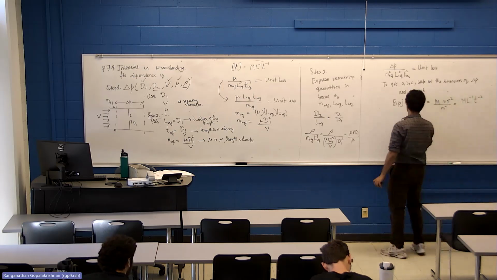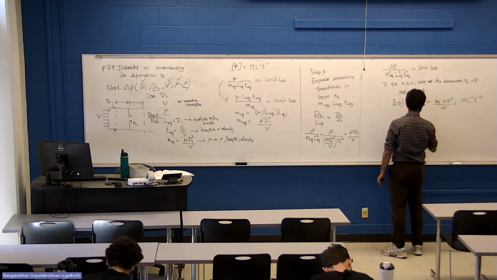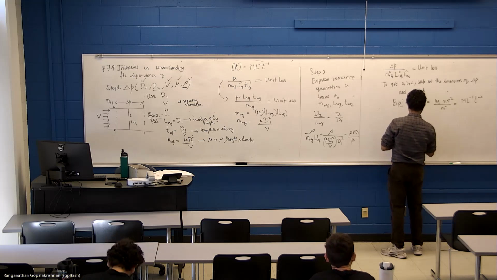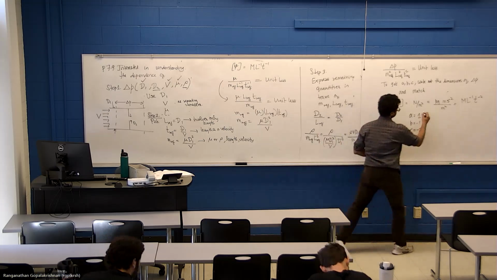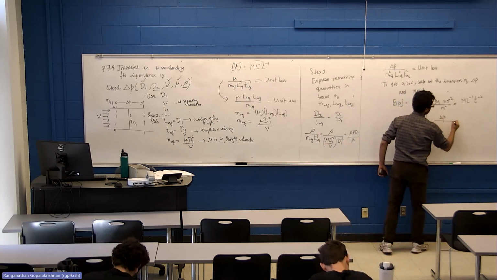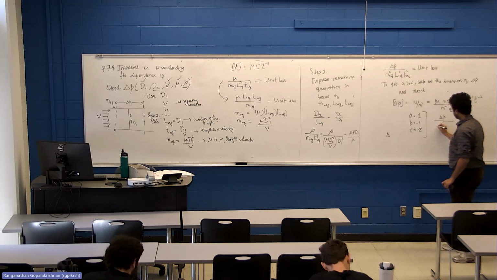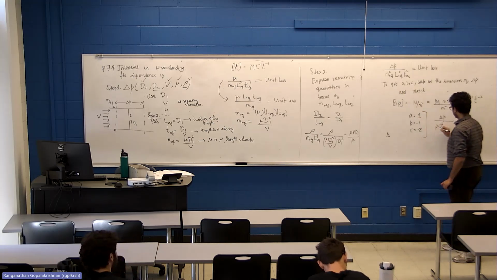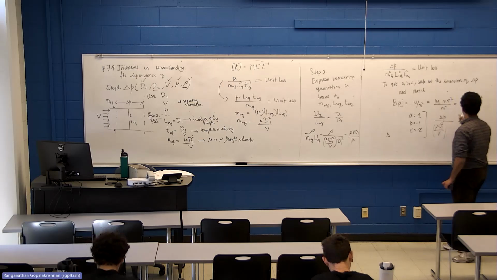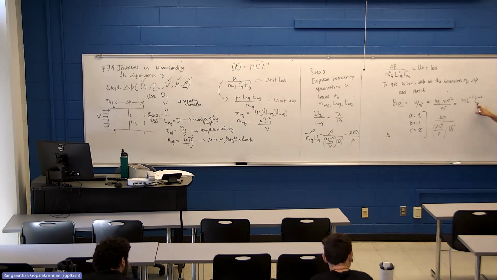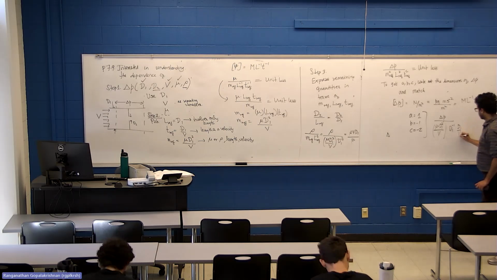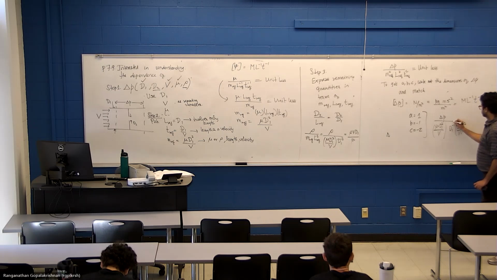So A will be 1, B equal to -1, C equal to -2. So delta P divided by what is reference mass? Mu D1 squared over V, multiplied by what is reference length? D1 to the -1. What is reference time? D1 over V to the -2.